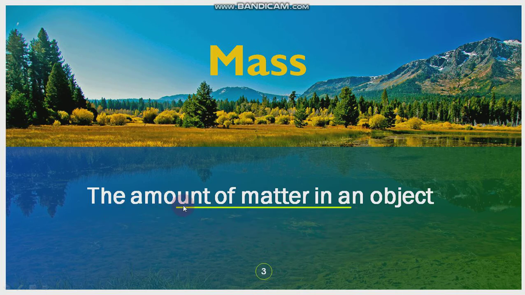So the amount of wood in the door is called the mass of the door. This means how much wood it took to make this door. This is the meaning of mass.